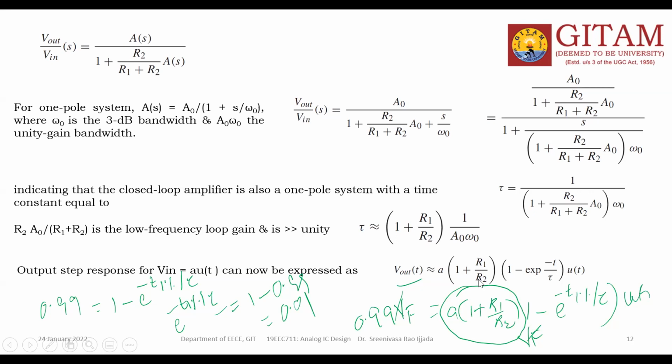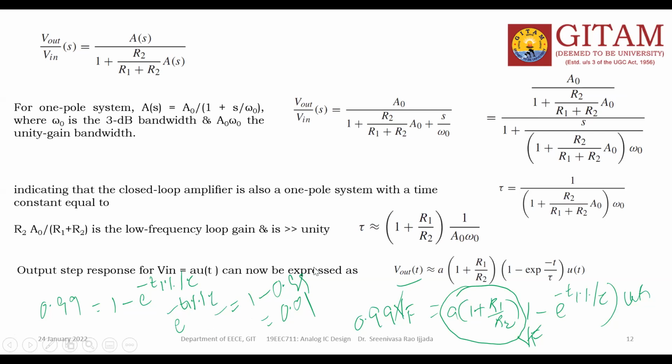But here, when t is the 1% settling time, the output is 0.99 VF, and A into 1 plus R1 by R2 is VF from the earlier derivation. Then VF cancels, and 0.99 is equal to 1 minus e power minus t 1% by tau. Bringing terms across, 1 minus 0.99 is 0.01, equal to e power minus t 1% by tau.